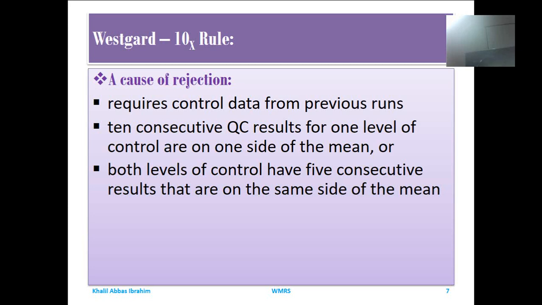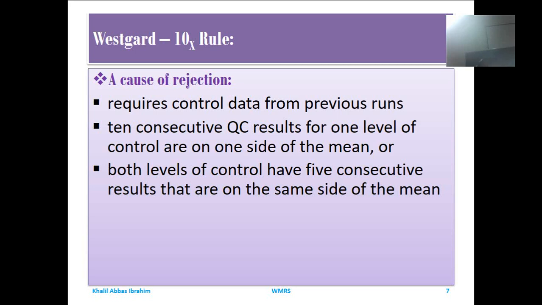You need to collect or review the data of the control materials lastly carried out to see if there is any abnormality that leads to the same problem or to the current problem. 10 consecutive QC results for one level of control are on one side of the mean.